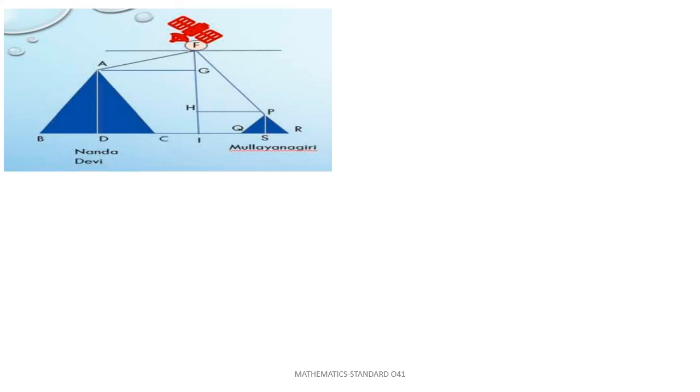Let's write what are the things we need, not everything. So the second part of the problem is we need to find the height of the satellite from the ground. So I want what is IF. So IF I can write IG plus GF. So again this GF I can find using the triangle AGF. So what will be IG? IG is the height of the Nanda Devi mountain, which is given in the problem as 7816 meter, which is our AD.